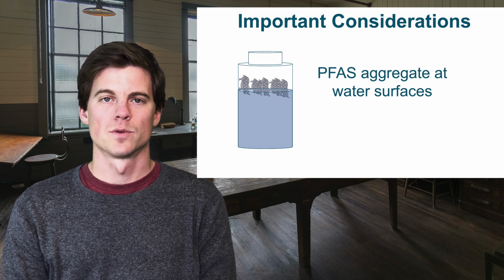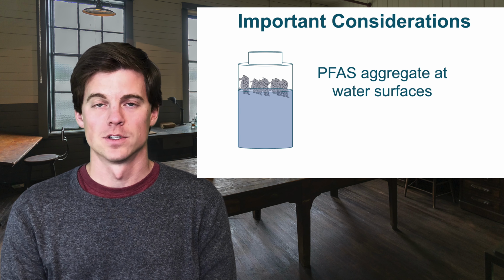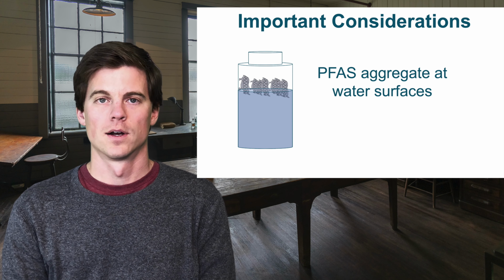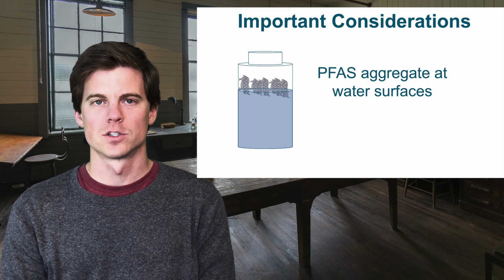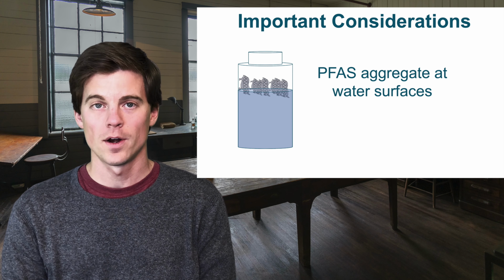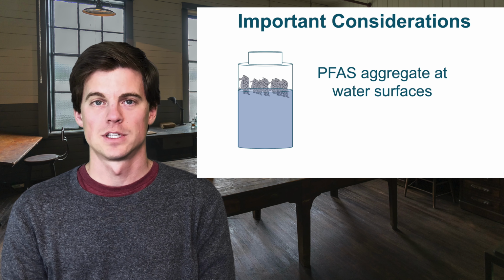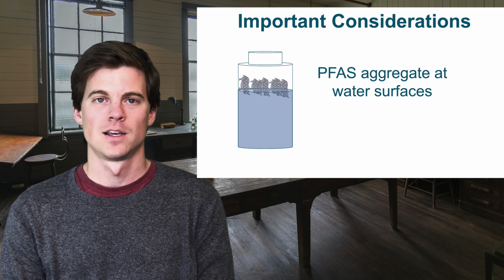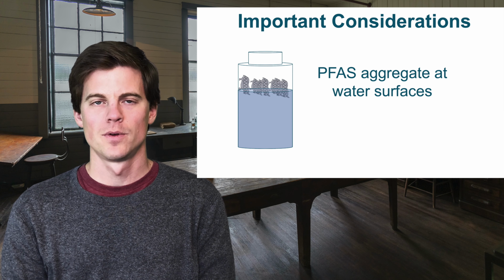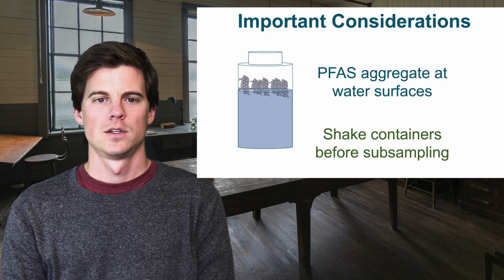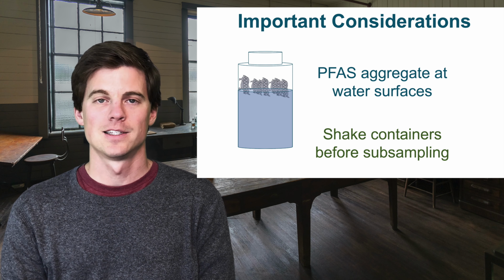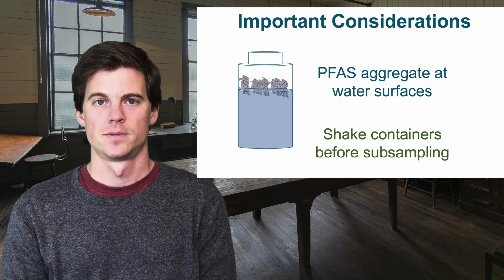Another thing that happens with PFAS is they aggregate at surfaces, especially of water, where those fluorocarbon tails hate water so much they'll actually stick out of the water and their more polar heads will stick in, so they're kind of like doing little handstands. So anytime you subsample or anytime you sample something, you want to make sure it's properly mixed. So you want to shake or vortex any containers before pulling out a sample.